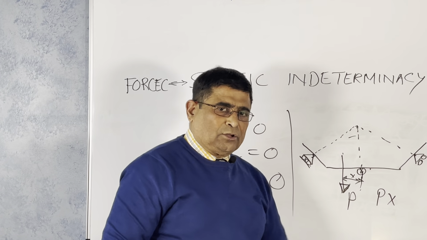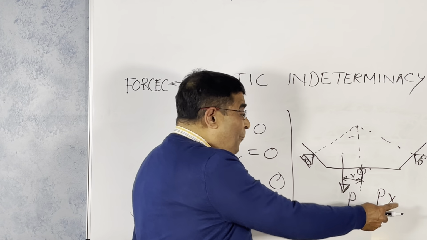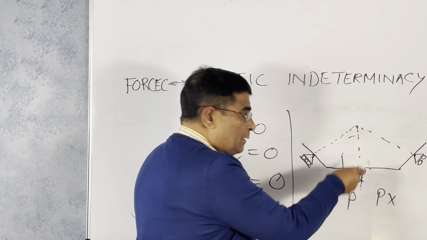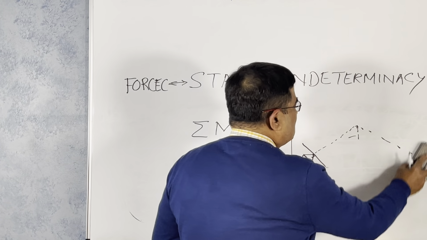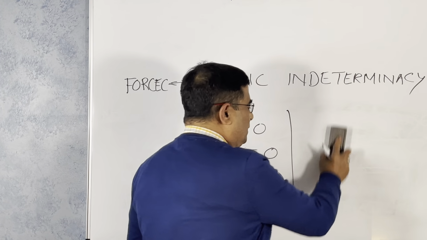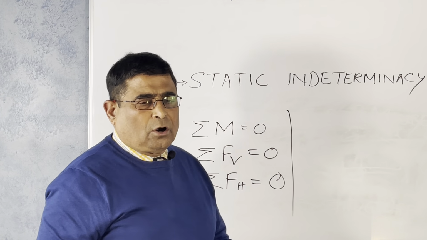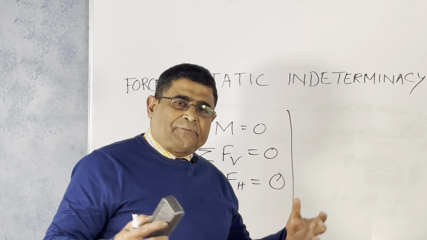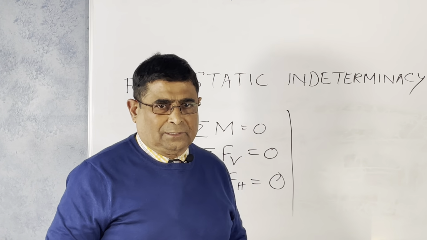So Px cannot be 0. It cannot resist the moment, it will try to rotate. So this is not a stable structure if the reactions are concurrent, meeting at a point. These are the two exceptions. There may be another exception, if it itself is a collapsible mechanism. If it collapses, then it is not possible.